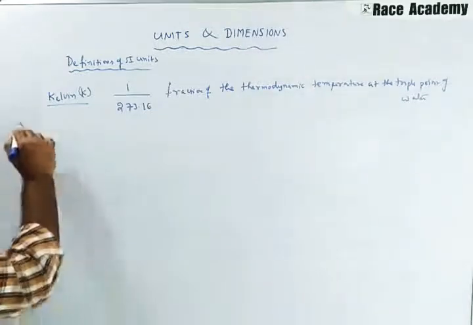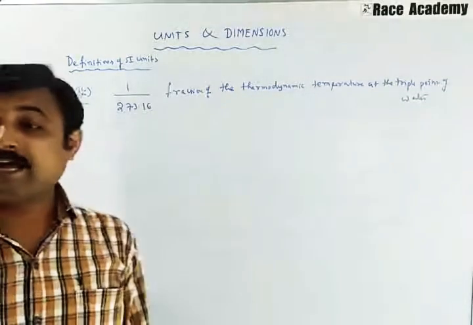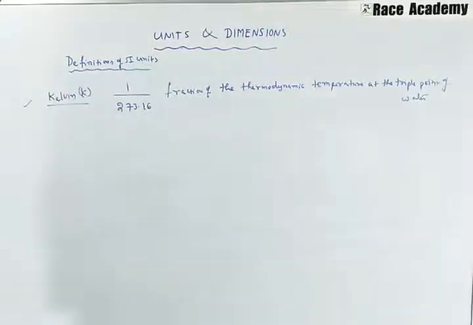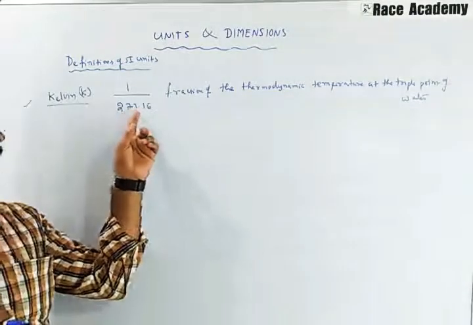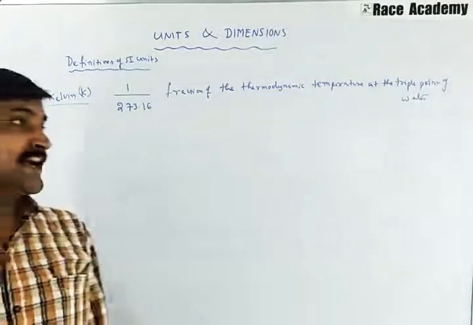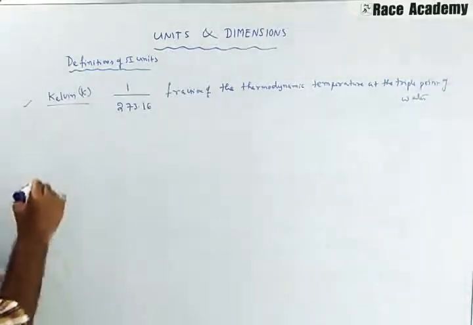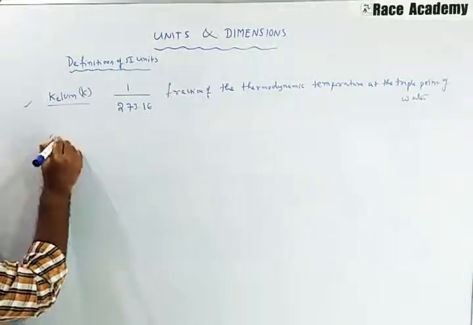So this is the definition for Kelvin. Kelvin is the unit of temperature defined as 1 by 273.16 fraction of the thermodynamic temperature at the triple point of water. Next we will see candela.